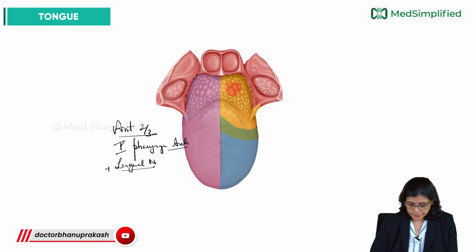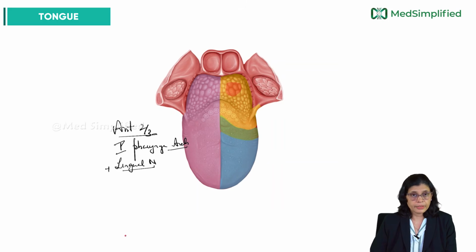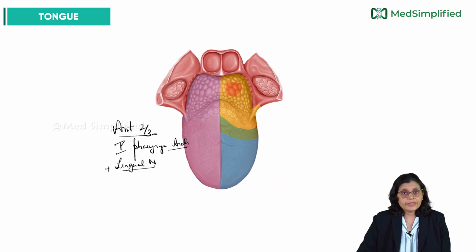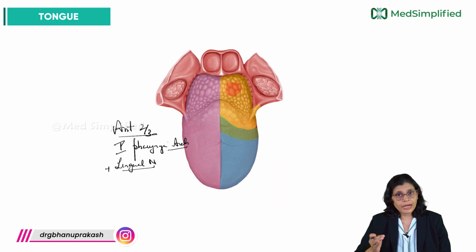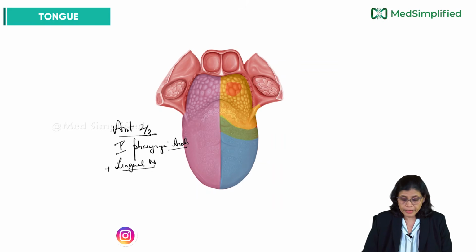The lingual nerve is a branch of the mandibular nerve. The anterior 2/3 of the tongue is formed in relation to the first arch, and the nerve of the first arch is the mandibular nerve. The lingual nerve is a posttrematic branch of the first arch.